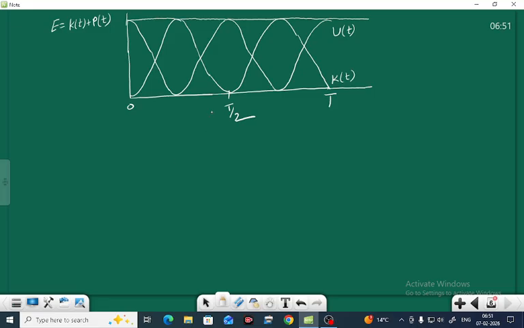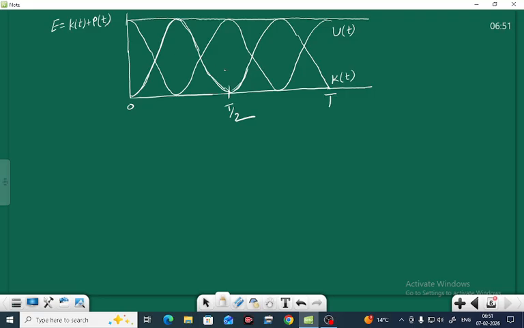So this graph is repeated here. The frequency of kinetic energy will be twice, because you see this is repeated once again. The same is the case for potential energy. So this is the total energy, that is kinetic plus potential energy.